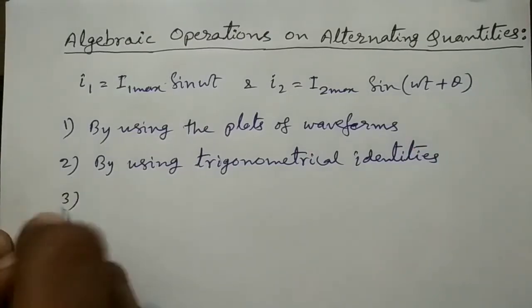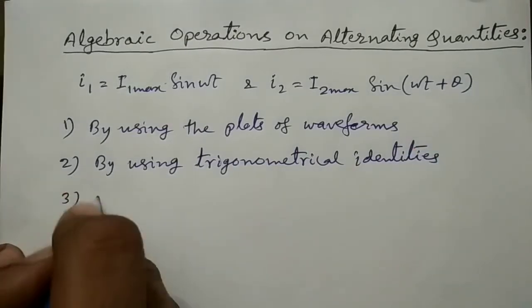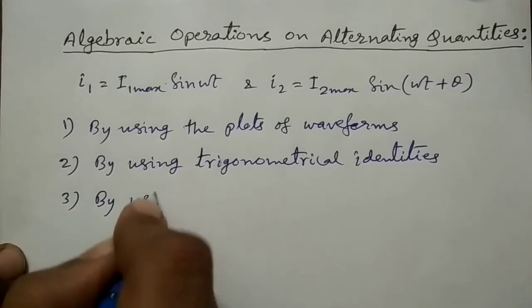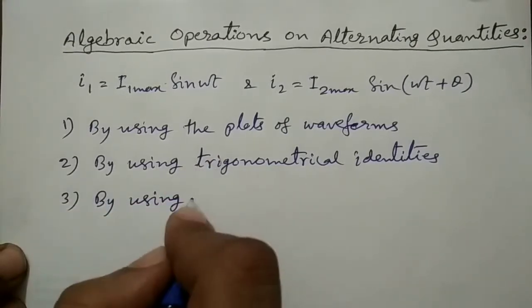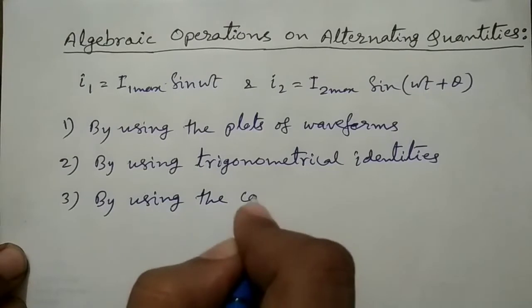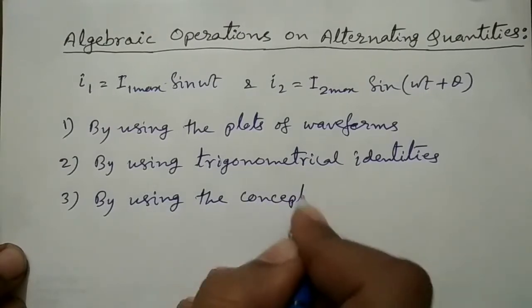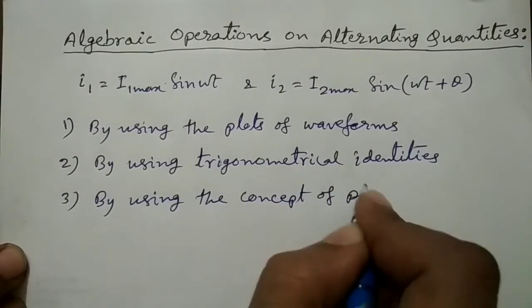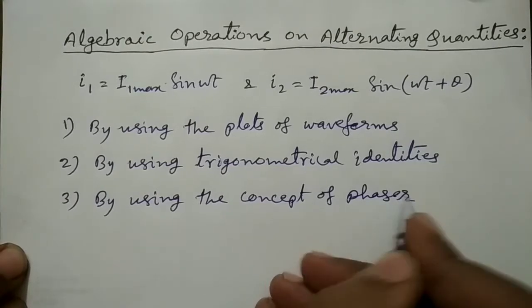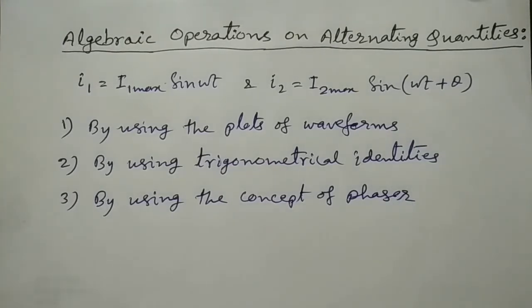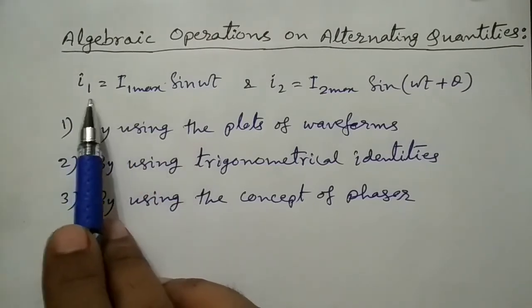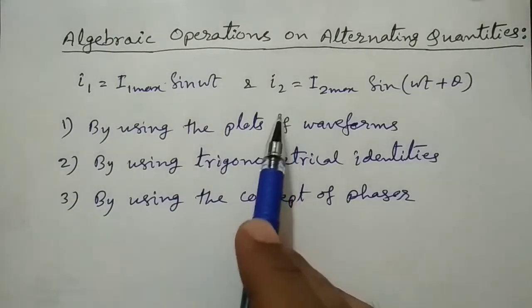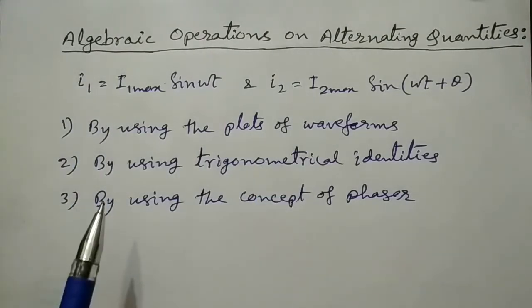And the third option is by using the concept of the phasor. So these are the three methods through which we can do some algebraic operation, that is, we can add I1 and I2 to get the total current.